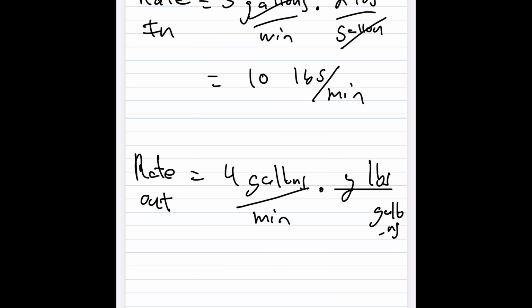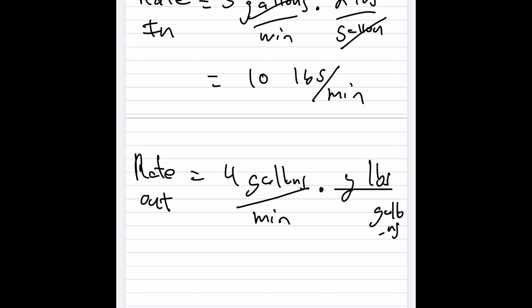And how much is that number of gallons? Well, this amount is changing, because if you've got 5 gallons coming in and 4 gallons coming out, that means you have 1 gallon left over every minute. So if you started with 500 gallons of fresh water, a minute goes by, you now have 501 gallons of mixture, because now you have salt in there.